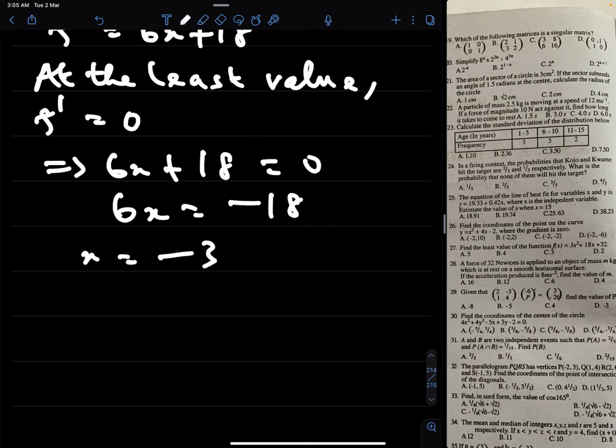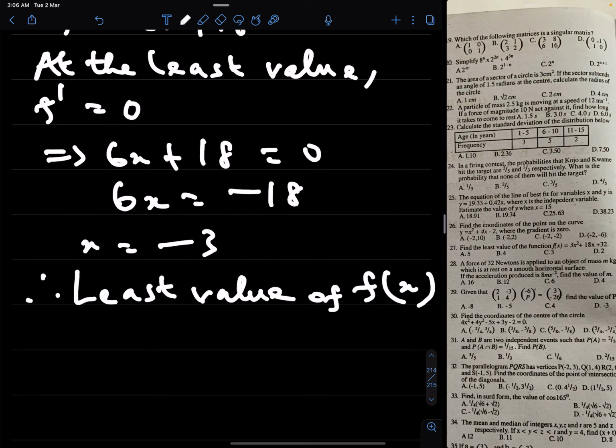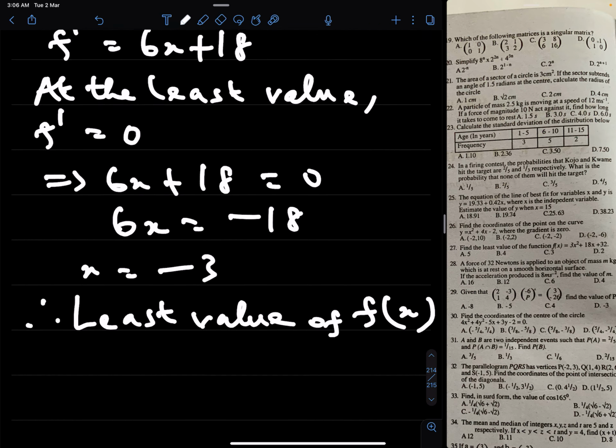So the least value of f of x is going to be the value of f of x when x equals minus 3.